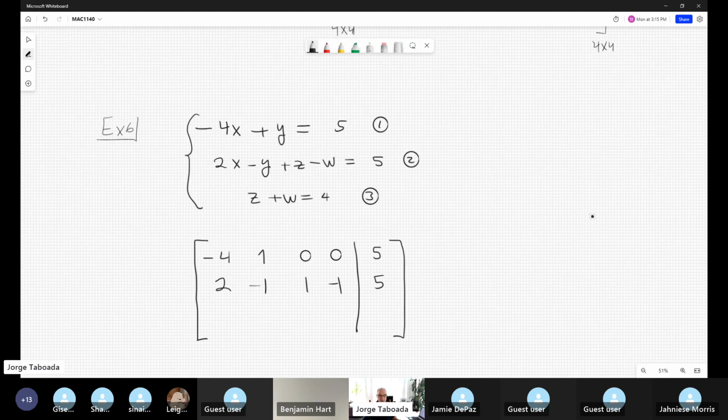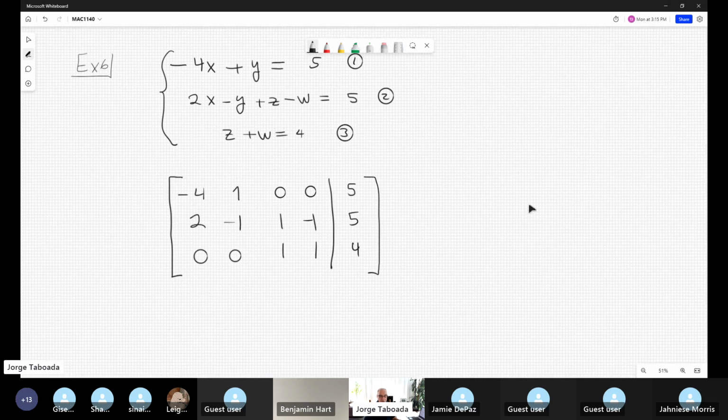This is complete. And in the last equation, we have no x, no y, 1z, 1w, and 4. This is my system, expressed in matrix language. This is a 3 by 5 system. Let me see, 1, 2, 3, 4, 5 columns, and 1, 2, 3 equations, of course 3 rows. Cool. And this is ready to apply the famous reduced row echelon.